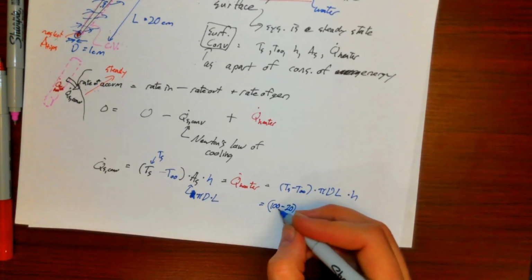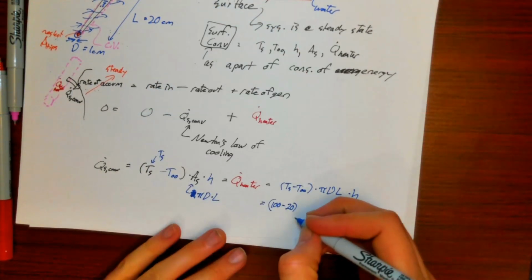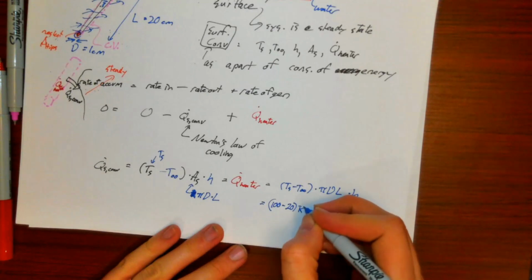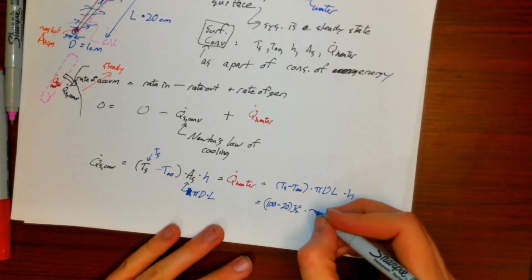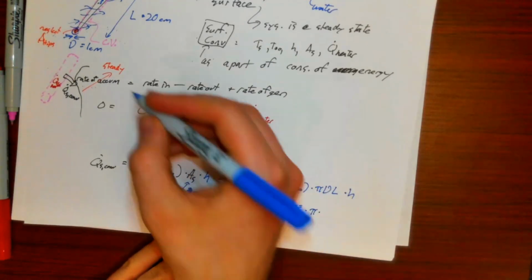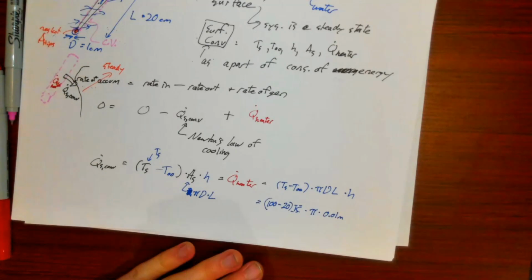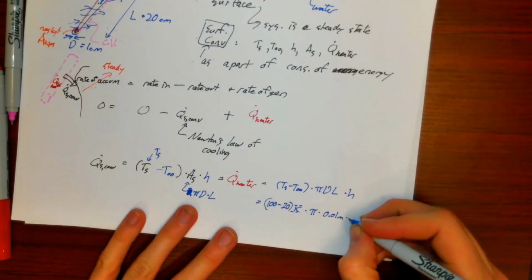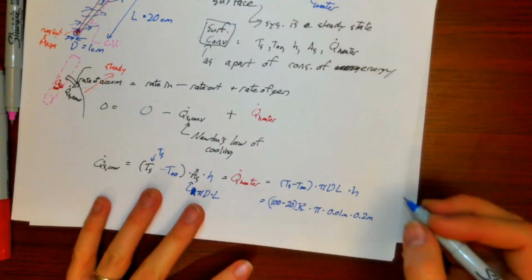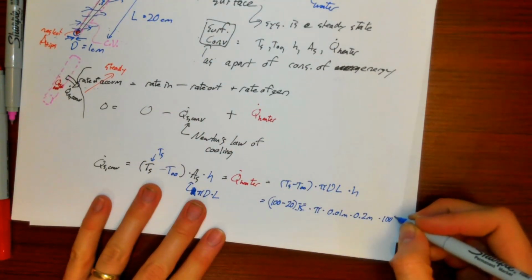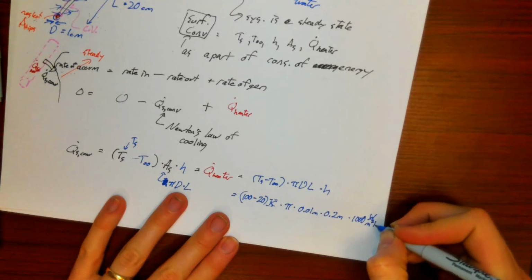This temperature difference is in degrees C, but a difference in degrees C is the same as a difference in Kelvin, times pi d, where d is 1 centimeter, which would be 0.01 meters. L is 20 centimeters, which would be 0.2 meters. And h is 1,000 watts per meter Kelvin. Sorry, 1,000 watts per meter squared Kelvin.